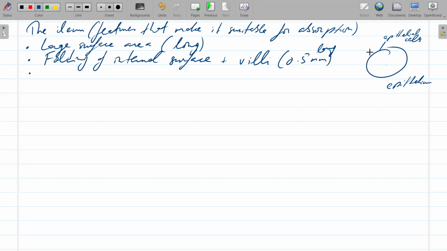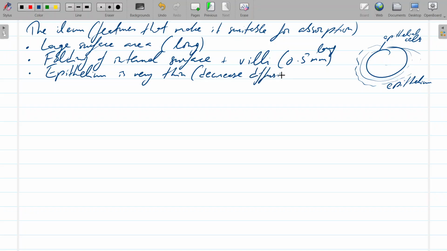Now there might be other intestinal cells, and then you would have a network of capillaries outside of it, so you would have all of that. And so the epithelium is very thin. What this does is it decreases the distance for diffusion.